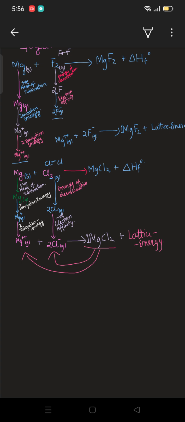The Born-Haber cycle is basically a process in which you initially convert your reactants into the gaseous form, and make them react together to produce 1 mole of ionic compound. Along with that 1 mole of ionic compound, the lattice energy is released. And for calculating that lattice energy, we have the Born-Haber cycle, right?